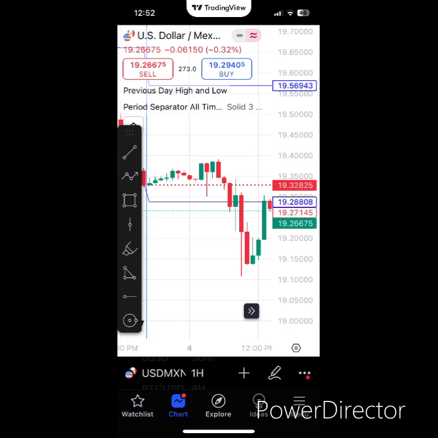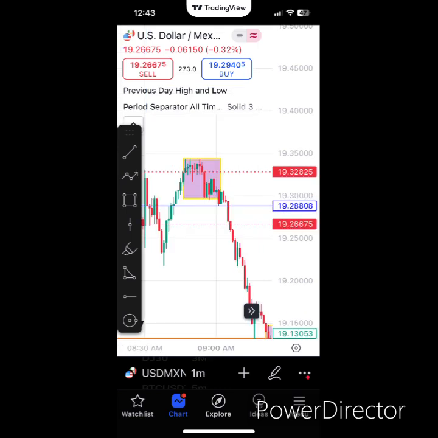So let's zoom in and take a closer look. So here we're looking at the 1 minute time frame, all right? And you can see the time of the day down here, right on the bottom of that chart. You can see that all the way on the left, there's a big bullish candle, all right?